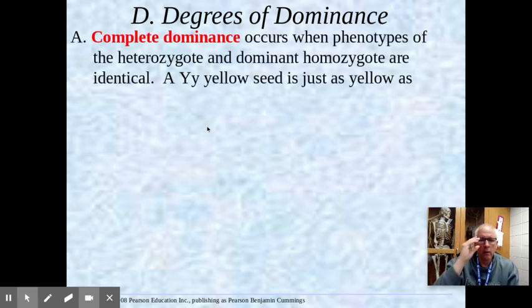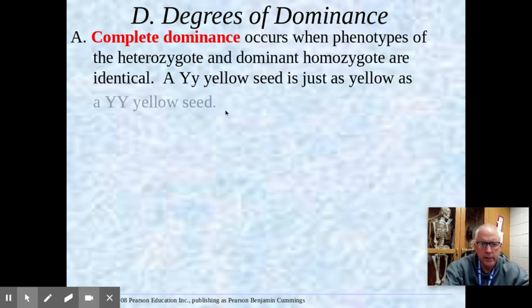Okay? So what we've been talking mostly about in most Punnett squares, and we did something like this, is complete dominance, right? You have a dominant trait if it gets paired up with recessive, like the example up here. I got yellow seed is dominant over green seed. That basically is pretty straightforward with genetics.